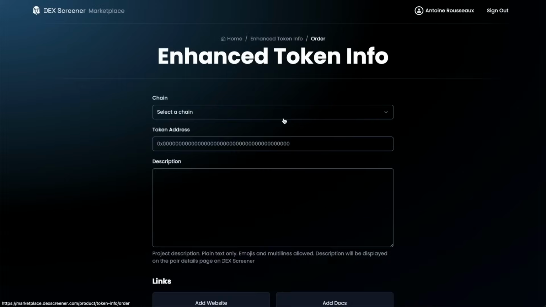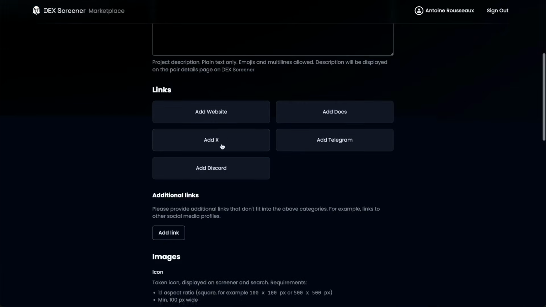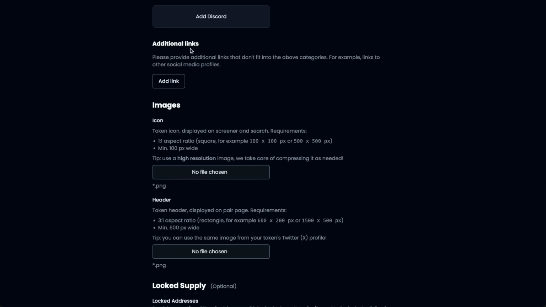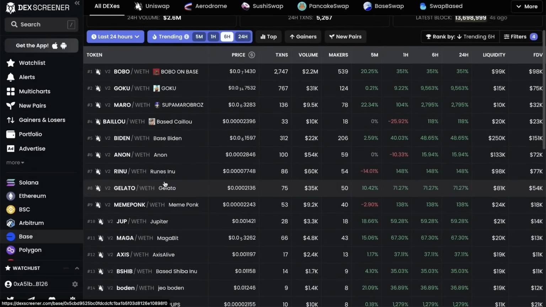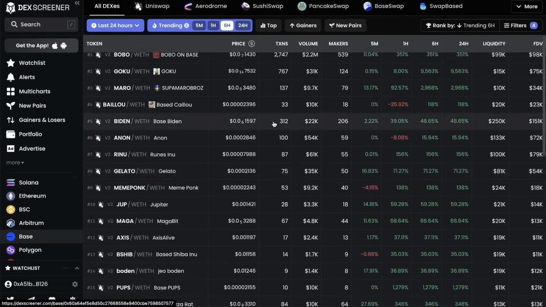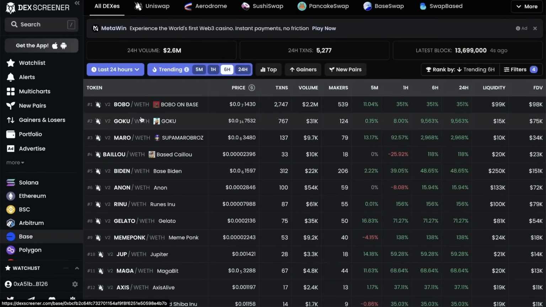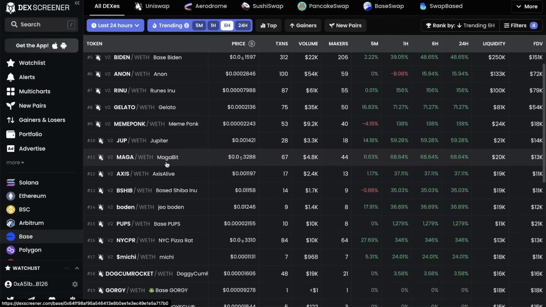And when you click on that, you pay, you see all that. They can put the links, the image, the icon. So it doesn't mean that all those coins are not interesting. It's just they didn't pay yet. Sometimes a good project can take 30 minutes or hours to get those things.